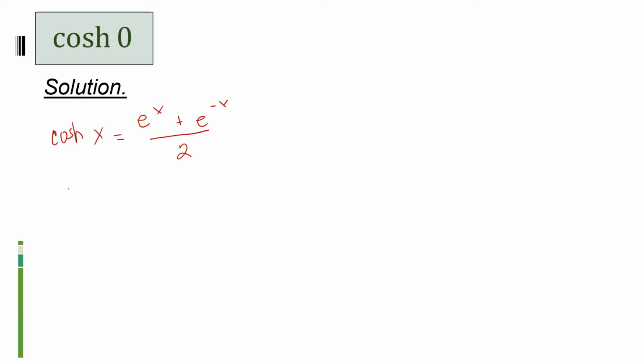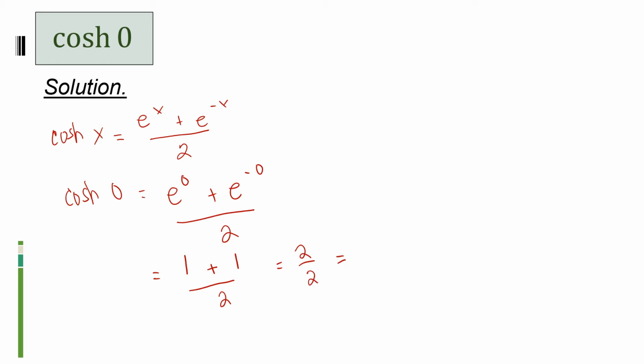Since we are looking for hyperbolic cosine of 0, we have e raised to 0 plus e raised to negative 0, which is also 0, all over 2, or we now have 1 plus 1 over 2, so that is 2 over 2 or equal to 1.